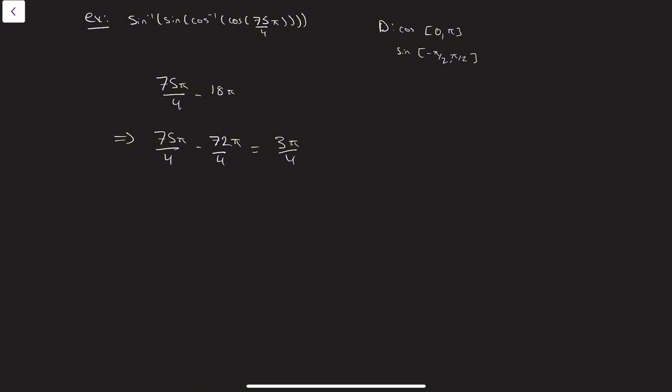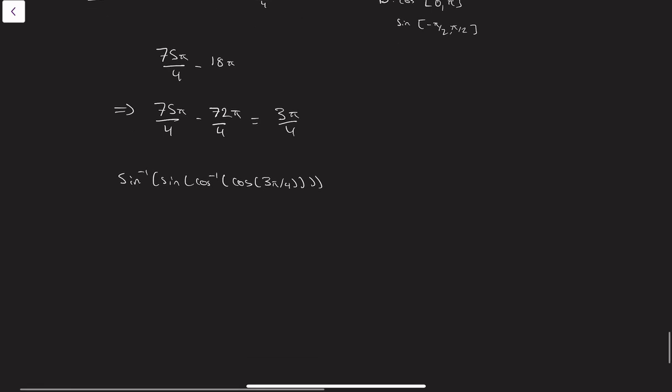Well, 3 pi over 4 is in the domain of cos, between 0 to pi. So we can say sine inverse of sine of cos inverse of cos of 3 pi over 4, and for this inside function of cos inverse and cos, that is just equivalent to 3 pi over 4.